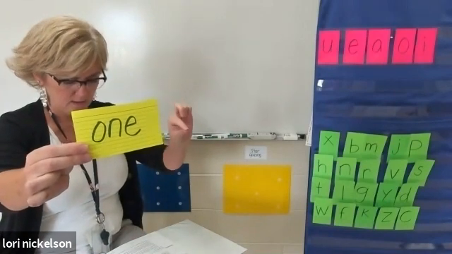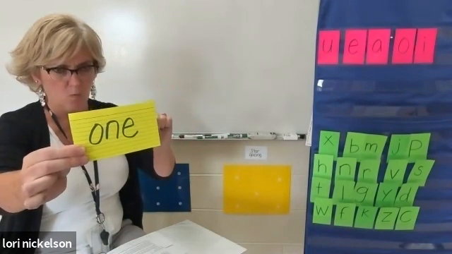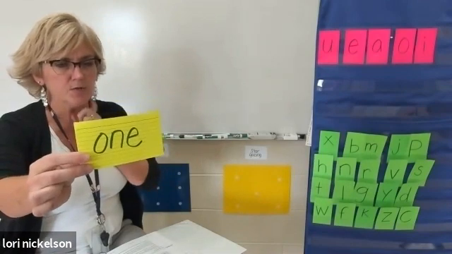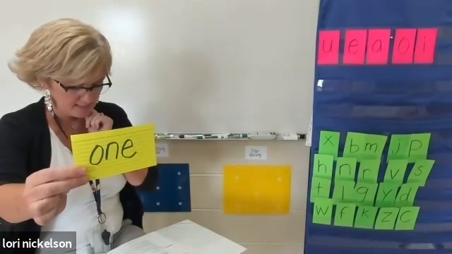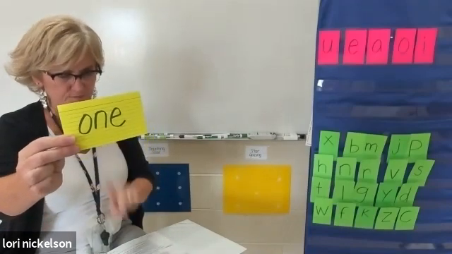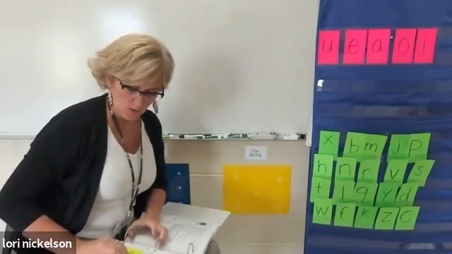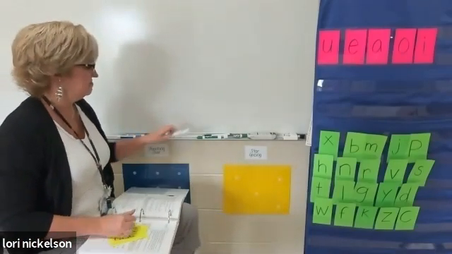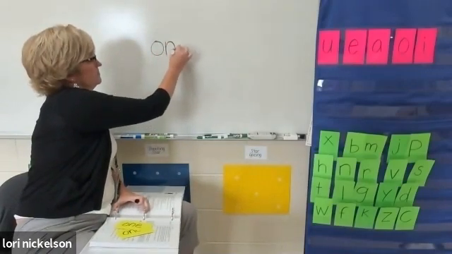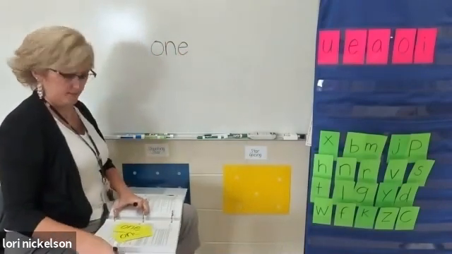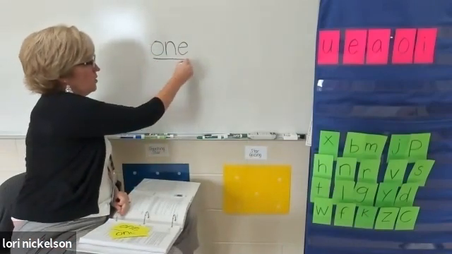One. So it's pronounced one, okay? It's actually pronounced one, as in I have one fish. And I'm going to write one on the board so we can see it.